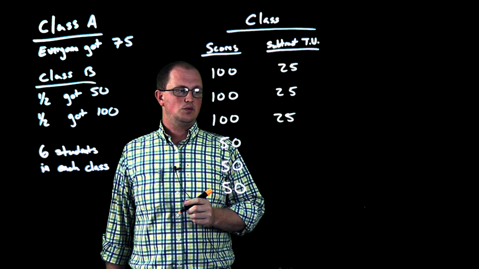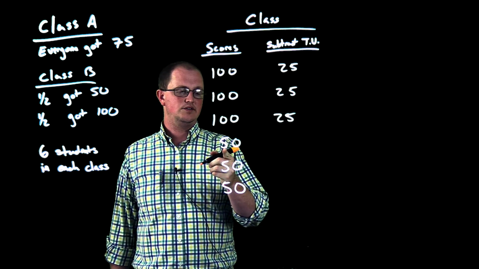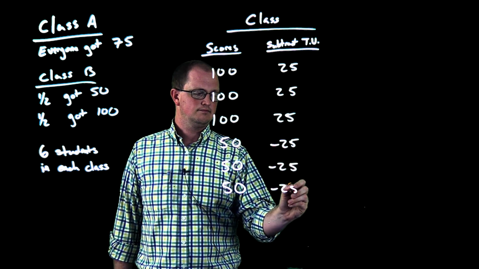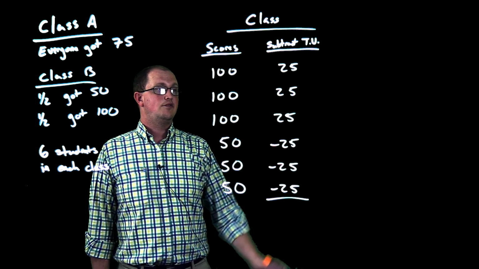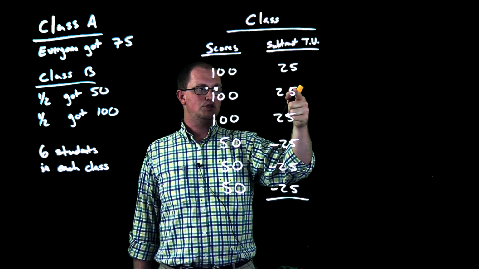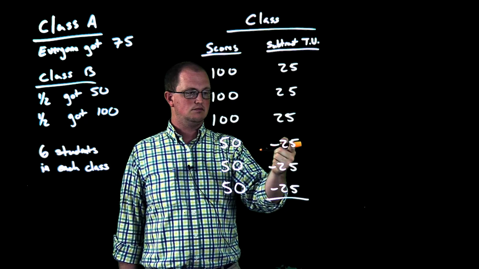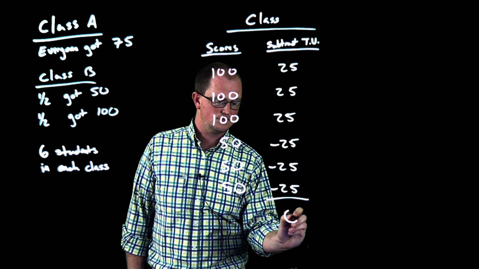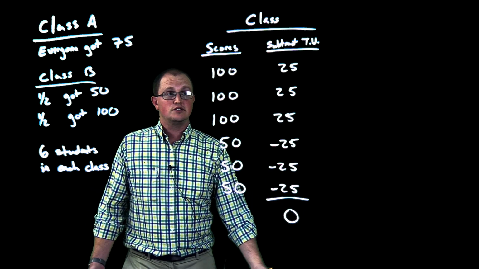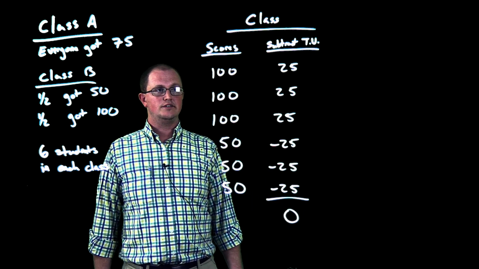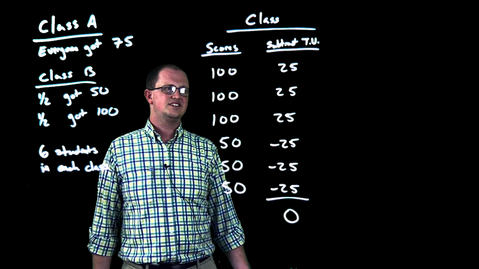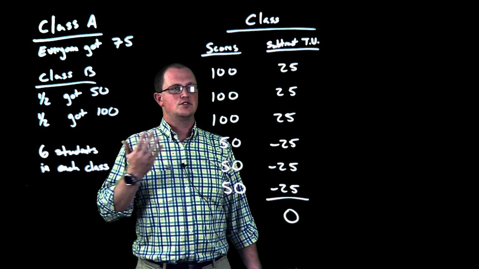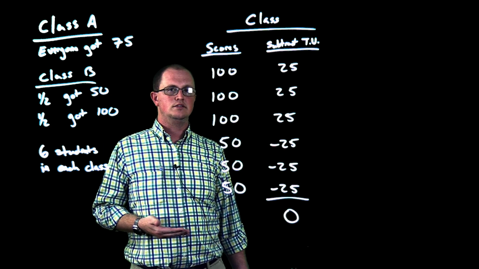And if we subtract away the typical value of 75 from 50, we get negative 25. If we add all these up, we get 25 plus 25 plus 25, which is 75, minus 25 minus 25 minus 25, or minus 75, which takes us to 0 again. Kind of looks like there's no variability here again. That's not true about Class B. We said Class B has lots of variability. So this in itself is not a good way of measuring variability.